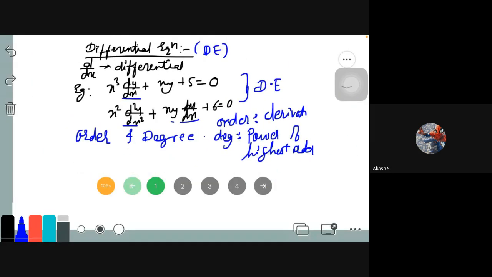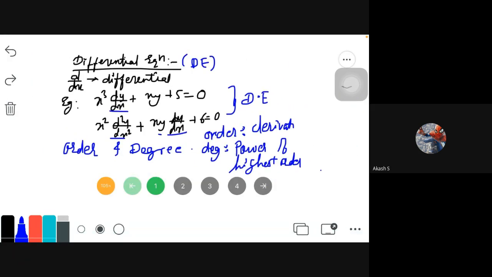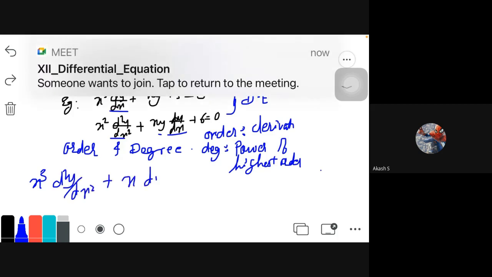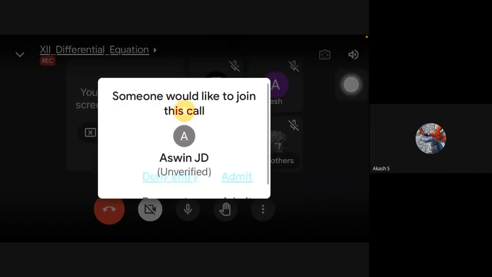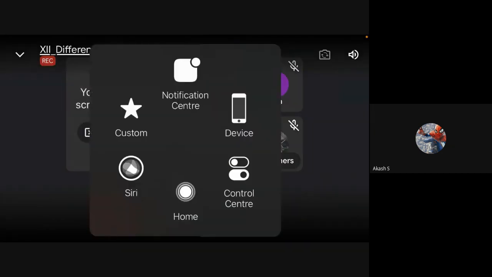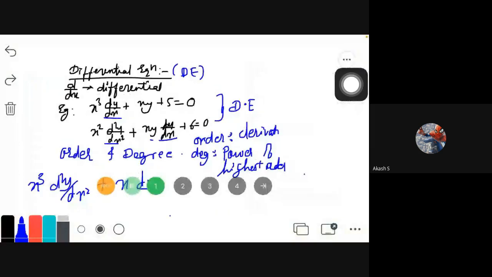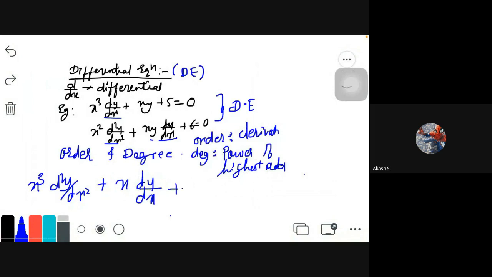Let us take the same example which I have written over here. The same equation: x cube d2y by dx square plus x dy by dx plus xy plus 5 equal to 0. So when I have written d2y by dx square, it means I have to take the derivative two times.